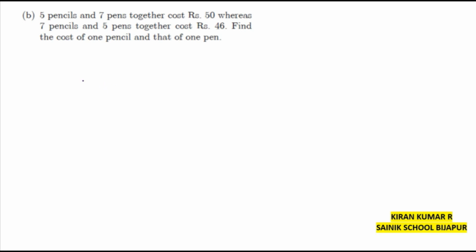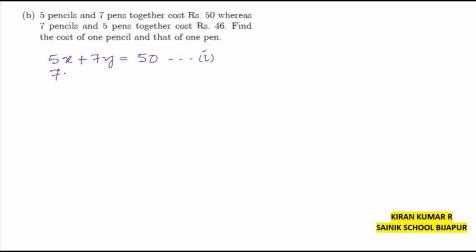Let me consider the cost of pencils to be x and the cost of pens to be y. According to the condition, 5 times of x is the cost of pencil plus 7 times of y is the cost of pens. Together it cost rupees 50.